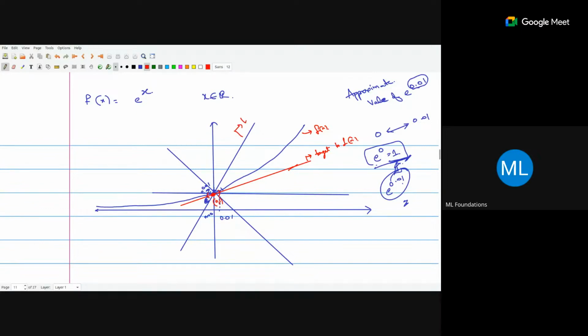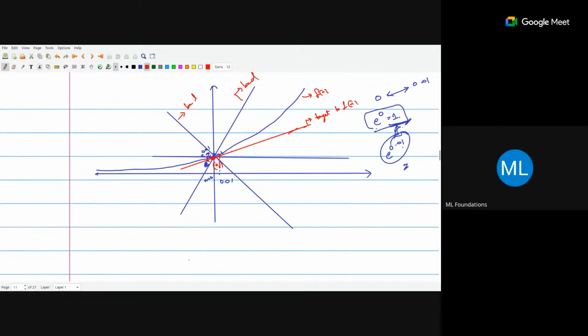All these are bad linear approximation lines. Only this red line is a better approximation than all other blue lines. Better because the slope is matching. Better because, if you see the left of the tangent and the right, it will be closer to the curve compared to all other lines.